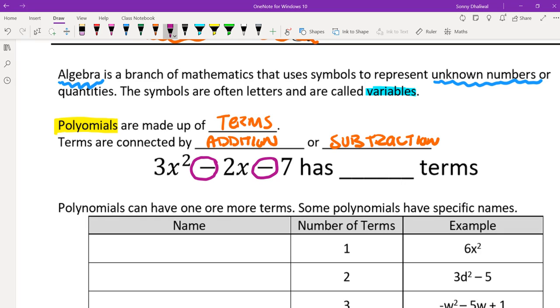Then put a line under the stuff in front of and in between those minus signs. In the future, it might be plus signs. How many lines did you draw? 3. That's how many terms you have. The terms are separated by pluses and minuses, so use these as separators and see how many terms are in between.